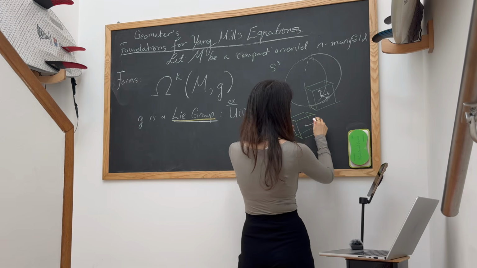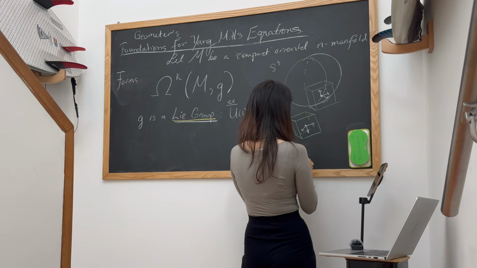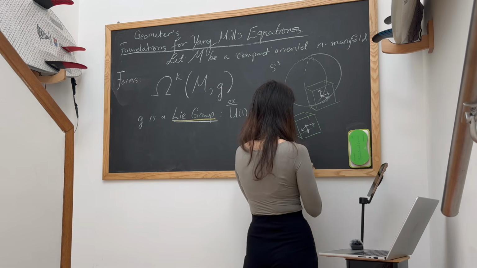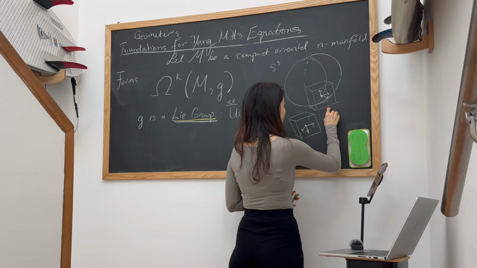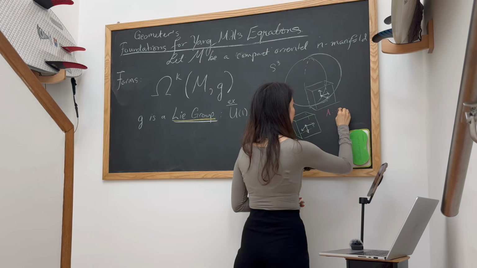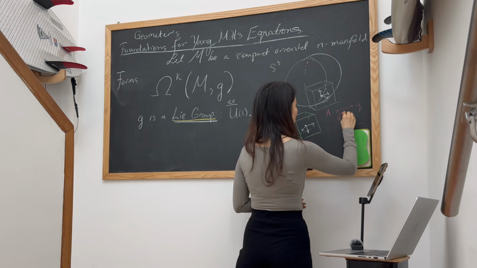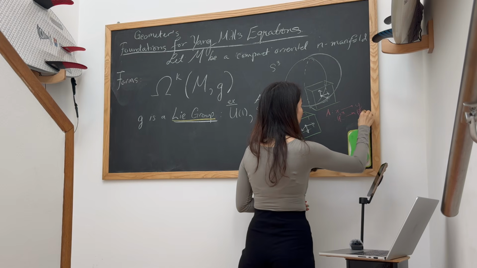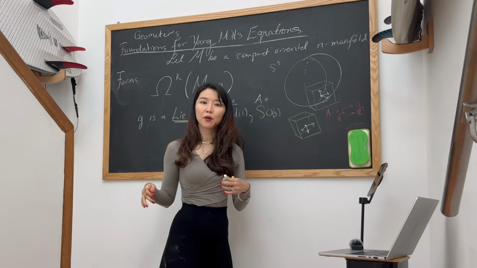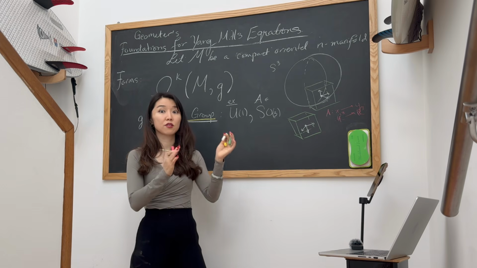So then A, maybe we'll rotate it just like this way. And so A will take any vector in this space to another vector, so it takes R3 to R3, and it's defined by, as you know, matrices that define this rotation.